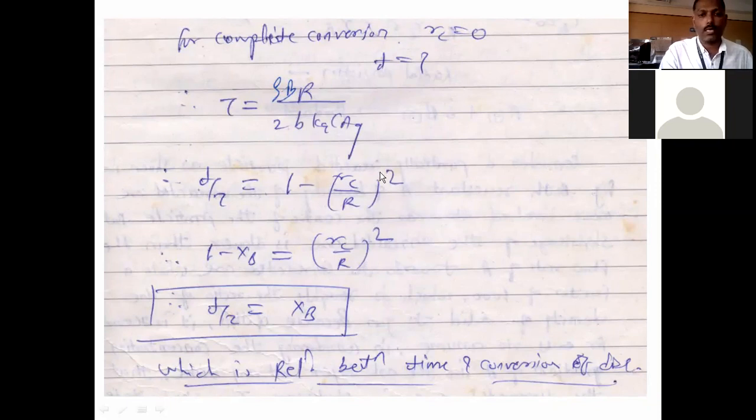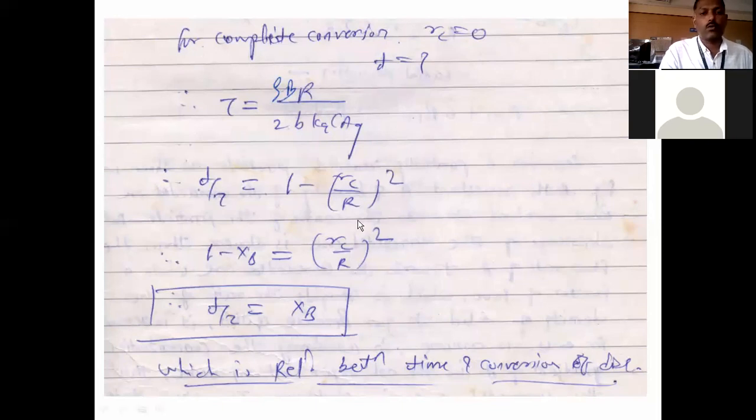Putting this in, T upon tau is equal to xb. This is the relation between time and conversion of the cylindrical particle, the same as for the spherical particle. So for gas film control we get the same relation, between time and conversion of the disk.